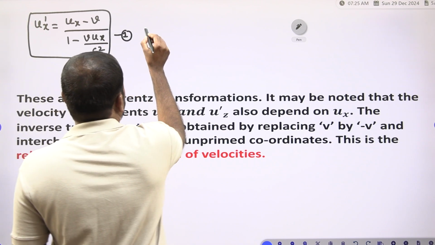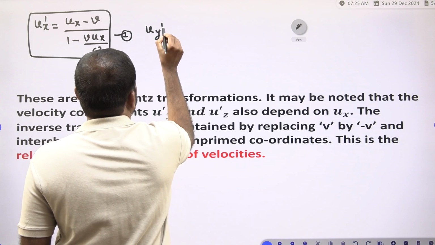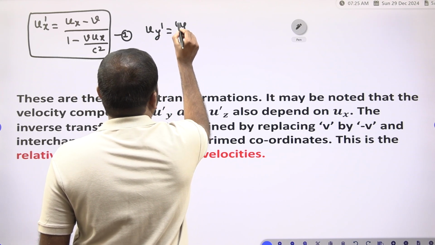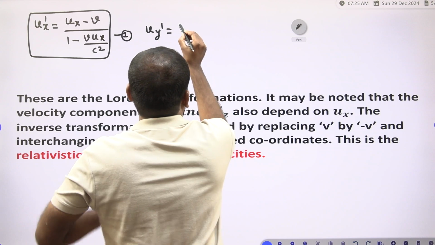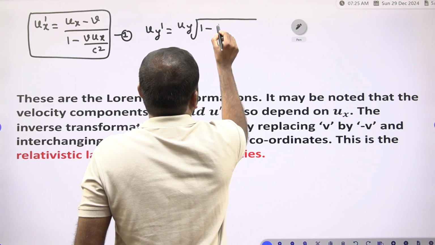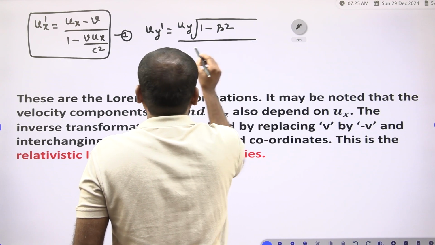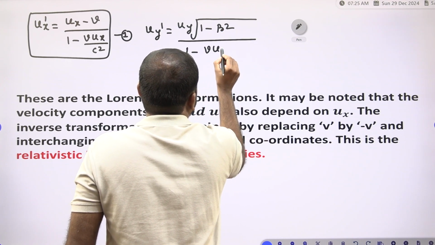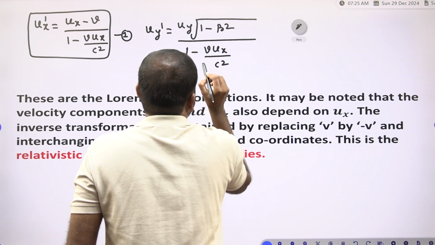Equation number 2 is uy dash is equal to uy into square root of 1 minus beta square, divided by 1 minus v into ux divided by c square.